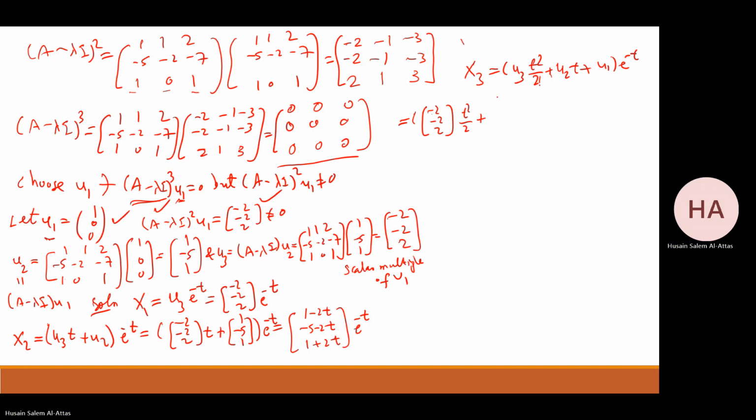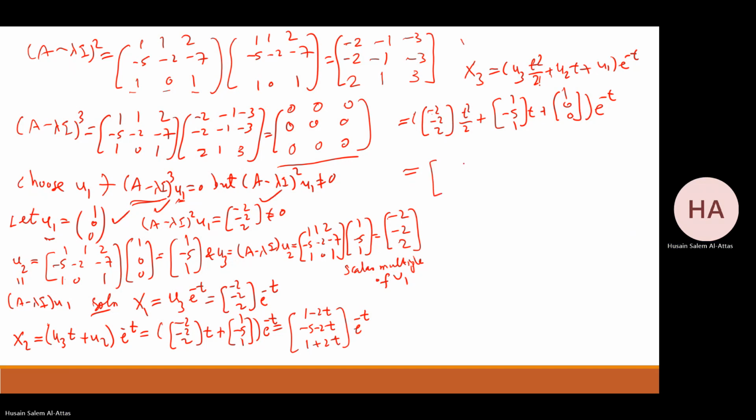U2 is 1 minus 5, 1, t, and U1, I mean, it's backward, that will be 1, 0, 0, e to the minus t. Sometimes they call it v3, v2, v1, or v1, v2, v3. The way you like it.